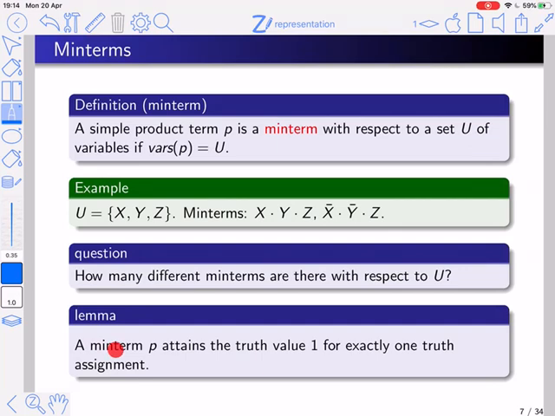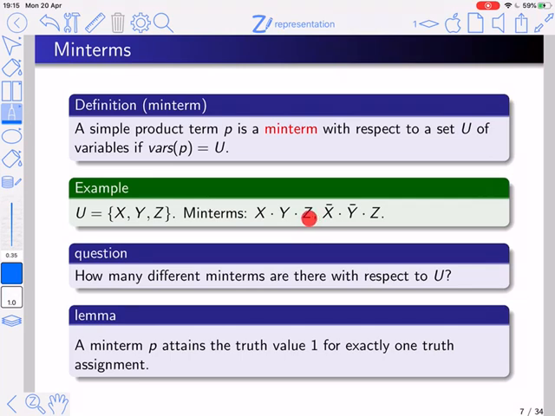Now, I want to state the following lemma. A minterm P attains the truth value 1 for exactly one truth assignment. There's exactly one truth assignment that satisfies P. Let's look, for example, at this minterm, x and y and z.